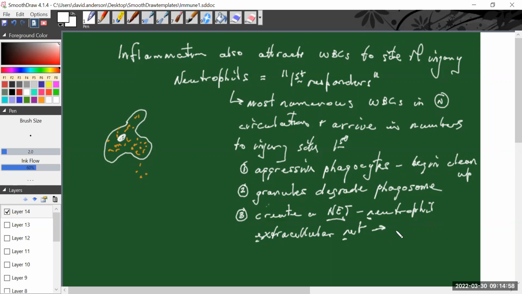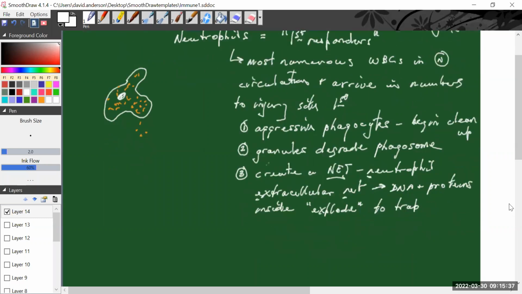It literally explodes the DNA and proteins inside, and the proteins are enzymes mostly that are able to block and prevent spread, to trap, and again degrade anything that's non-self in the area.